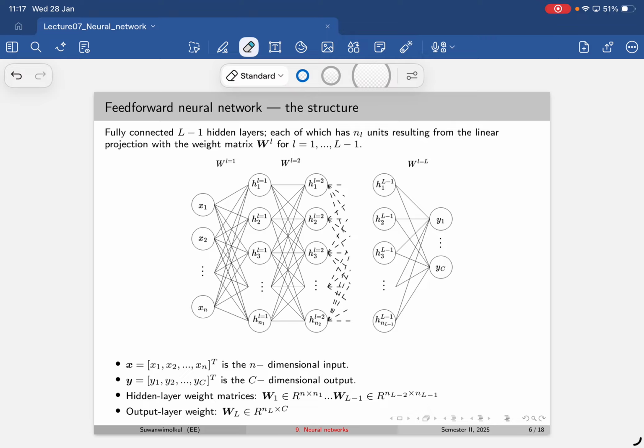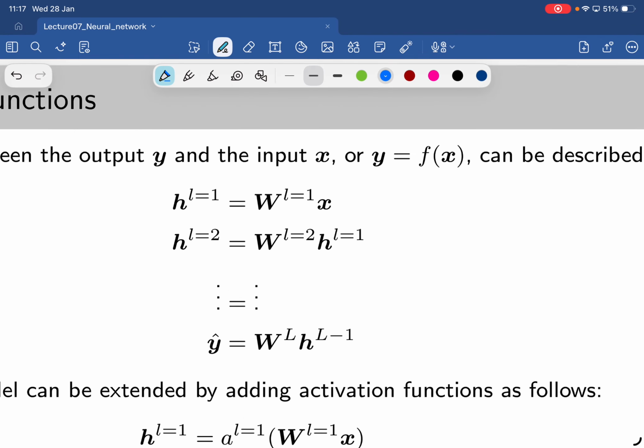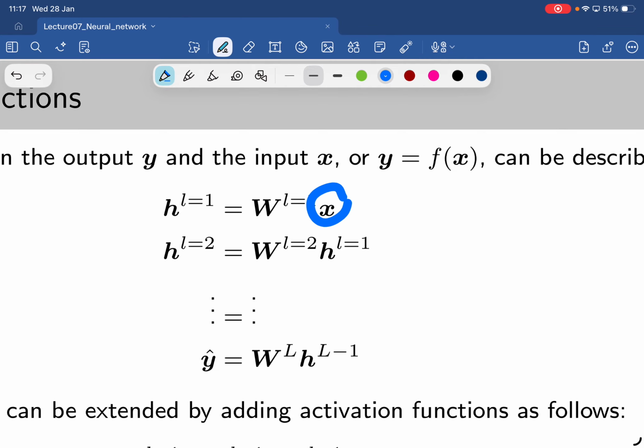Anyway, before we go over that detailed information, let's look at an overview of what a neural network is. So neural network, you can think of it as a concatenated function. Let's say you have input feature x.